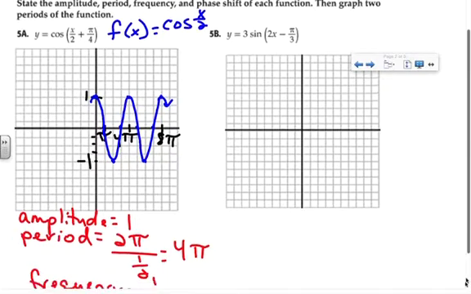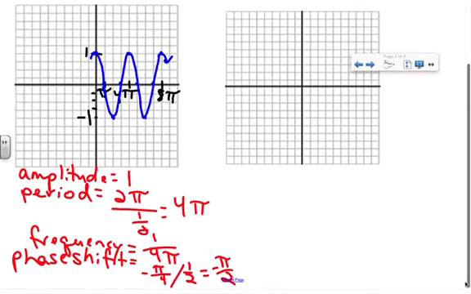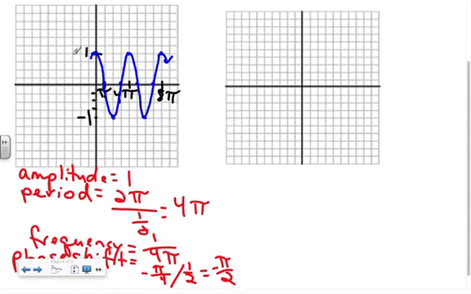Since down here we established that this graph has a phase shift of pi over 2, I'm going to take all of those significant points that I plotted before connecting the dots to make a wave. I'm going to take each one of them and move them to the left half a pi. So every box is 1 pi.